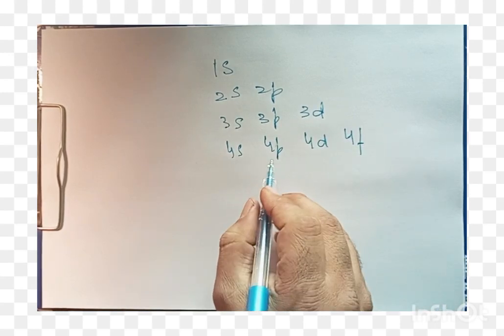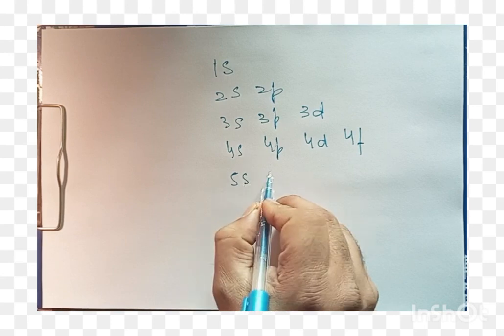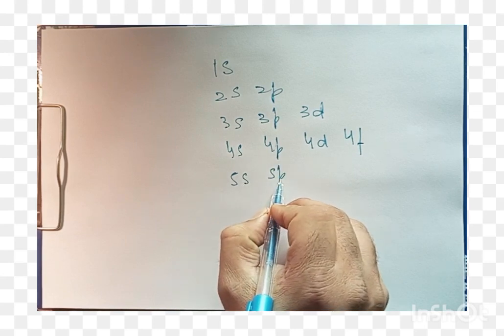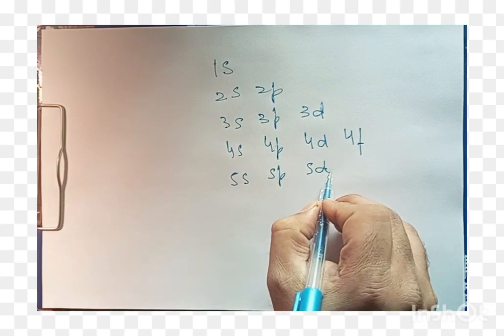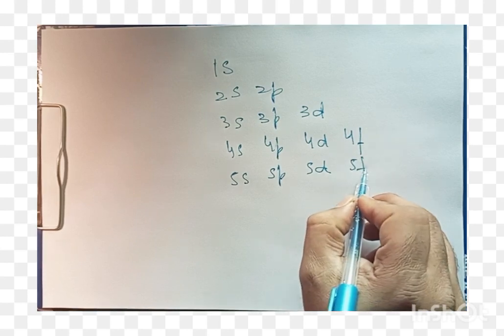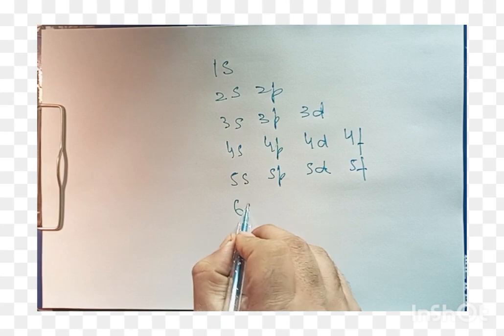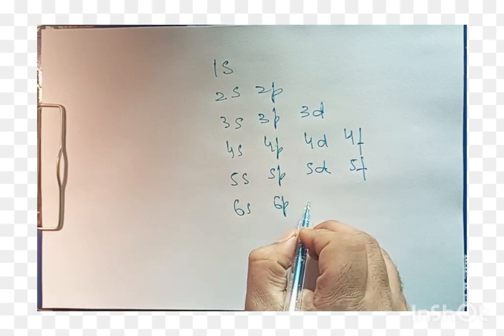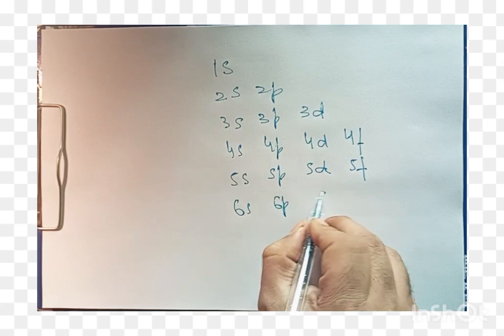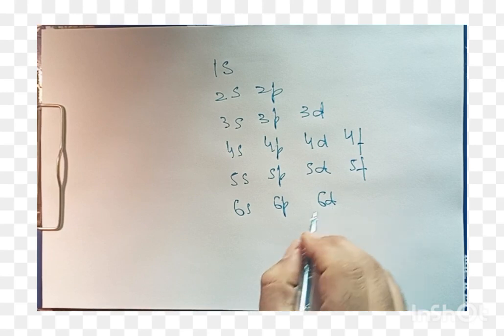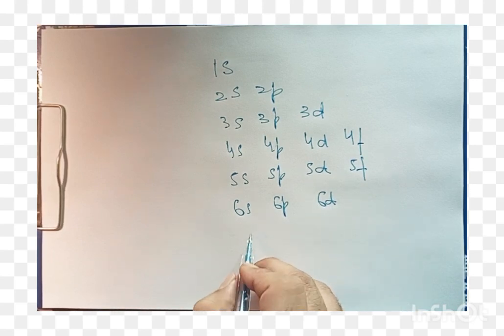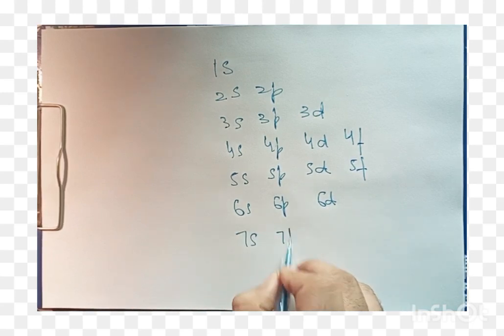And then I have 5s, 5p, 5d, and 5f. Then I have 6s, 6p, and 6d. And then I have 7s and 7p.